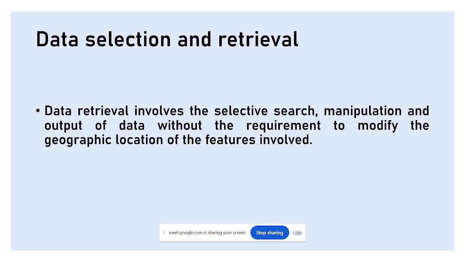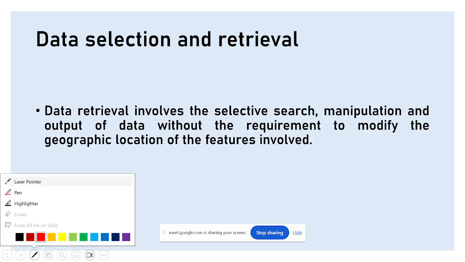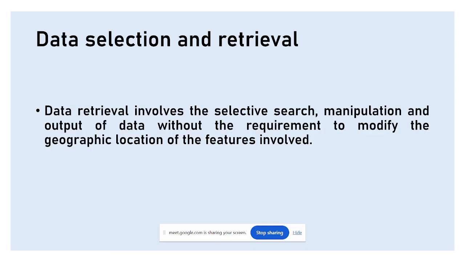So as I was saying, we have the attribute query, and then we also have the spatial query.